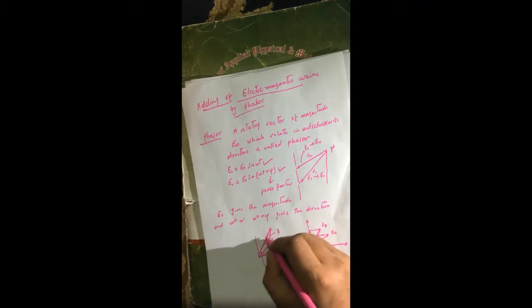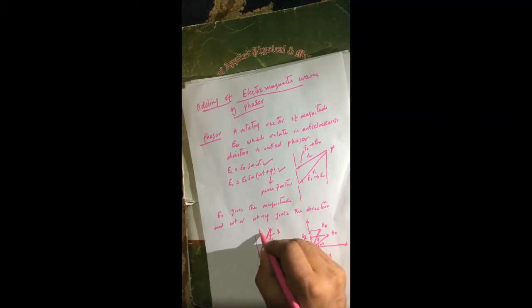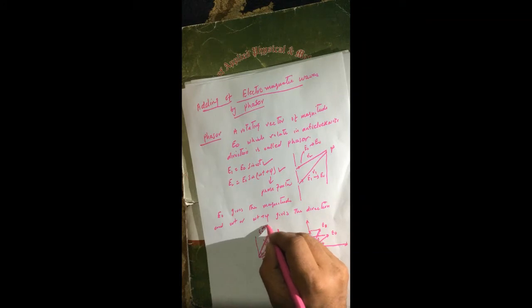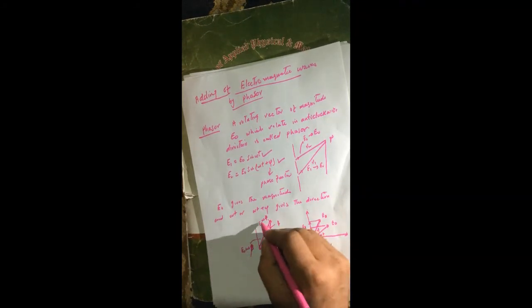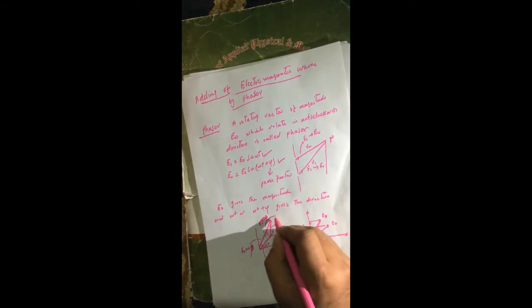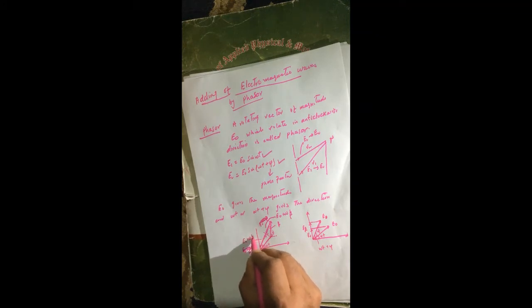Then from this right angle triangle, this part is E naught cos of beta, and this part is also E naught cos of beta.